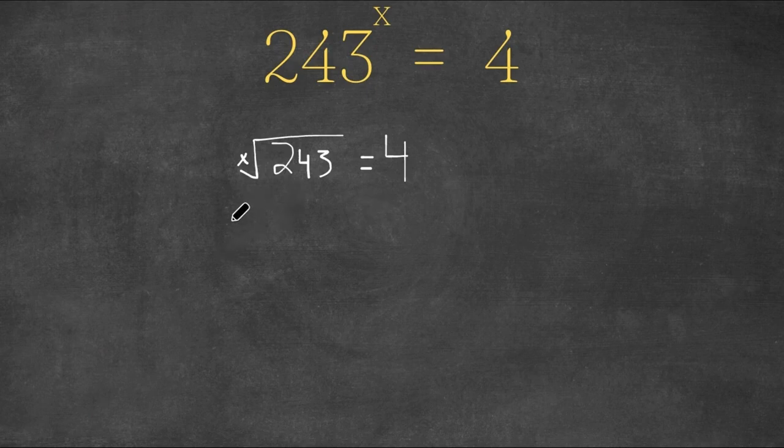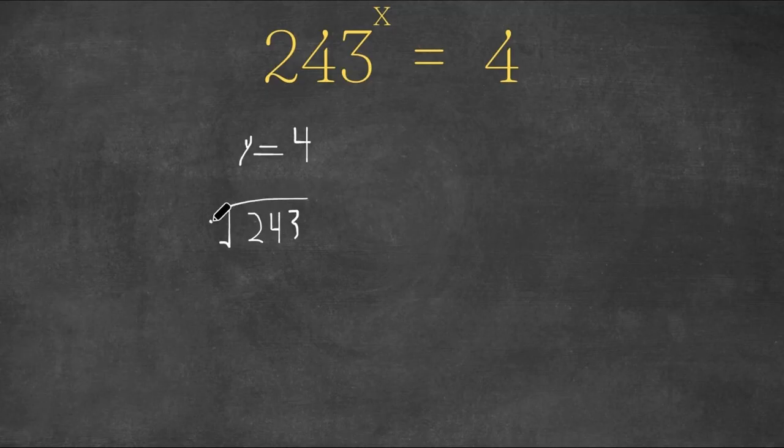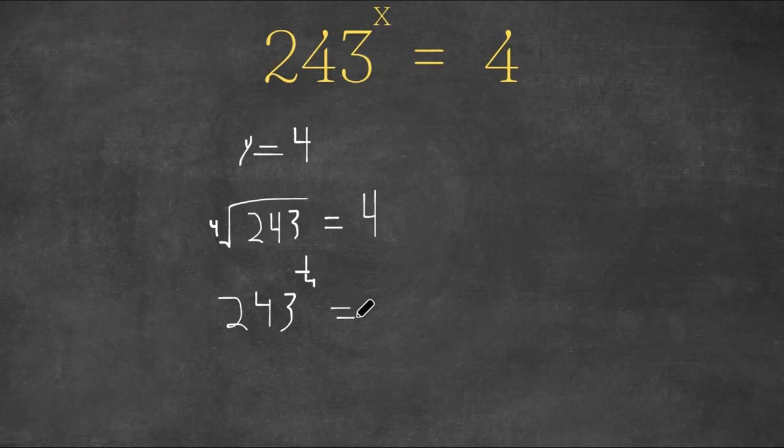I'm just going to say that this is y. So y equals 4. So 243 to the 4th root is equal to 4. And isn't this the same thing as saying 243 to the power of 1/4 equals 4?